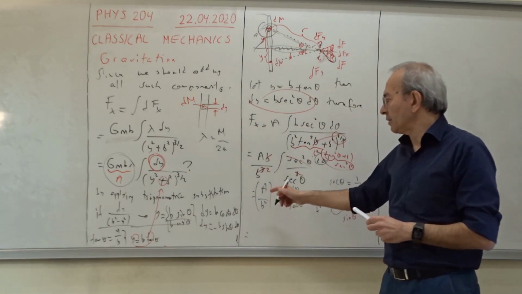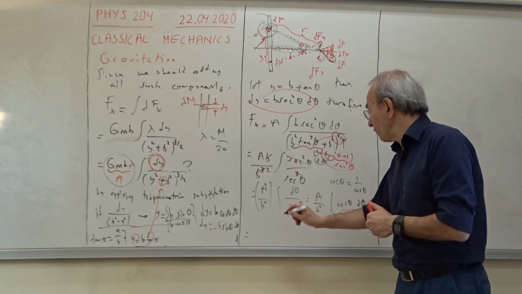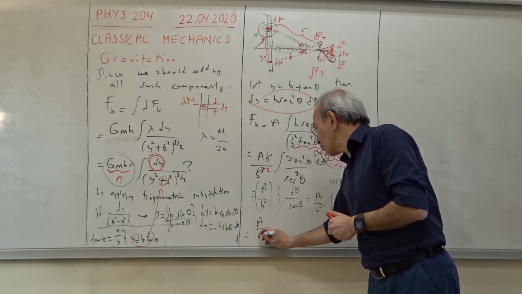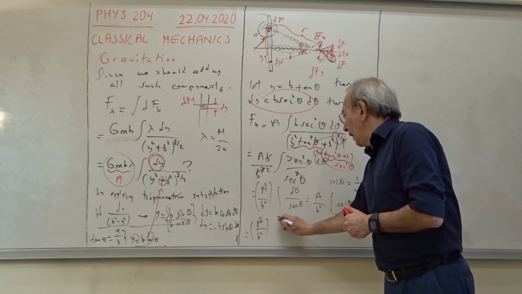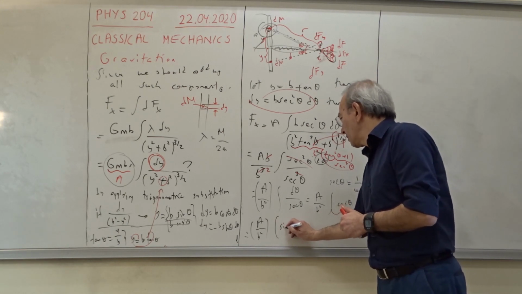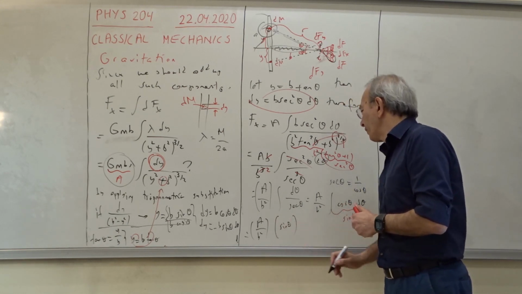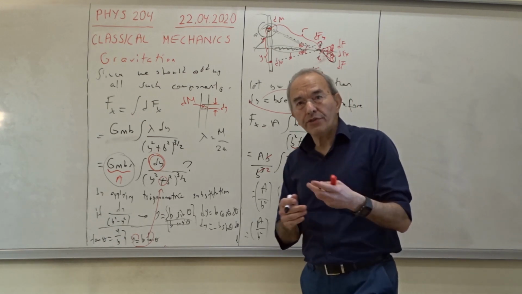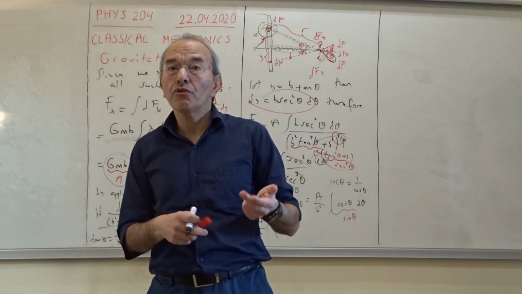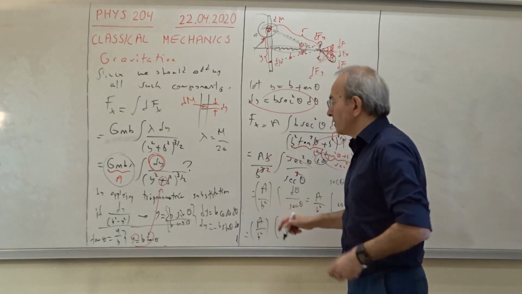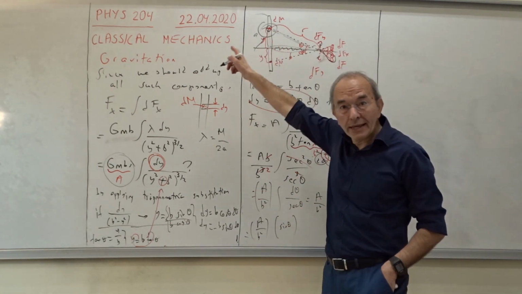So at the new step we have a over b squared outside, and it will be just sine theta. But sine theta, or tangent theta, is something we have written. So we should go back before this step and look at this triangle.